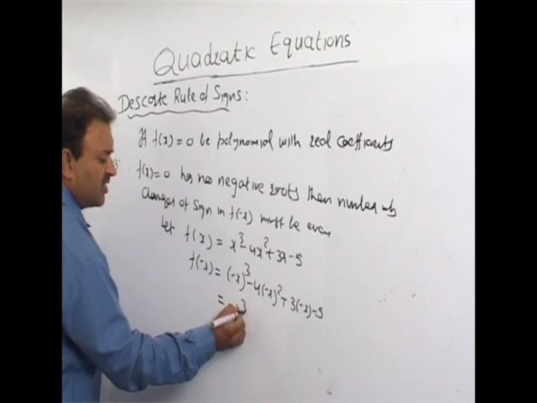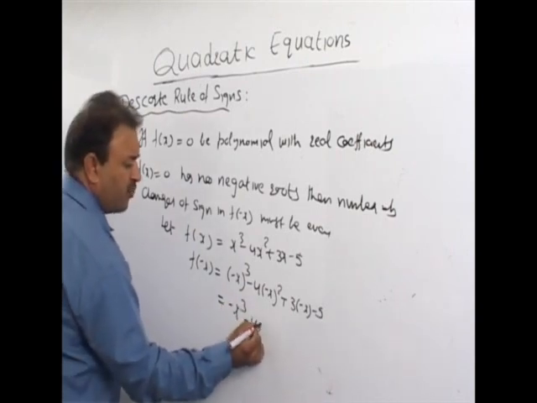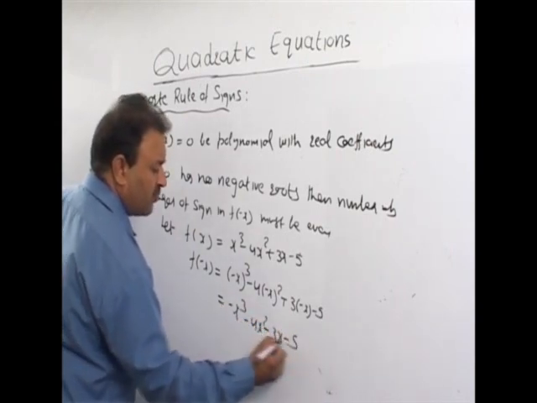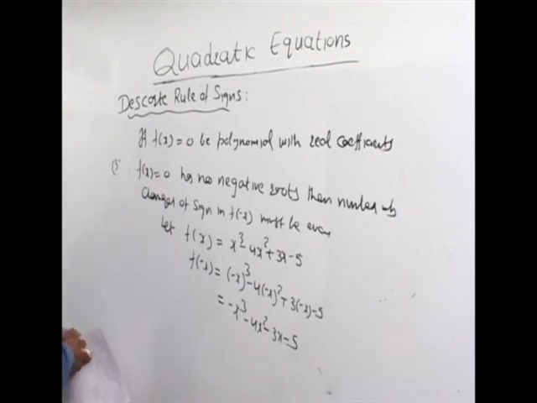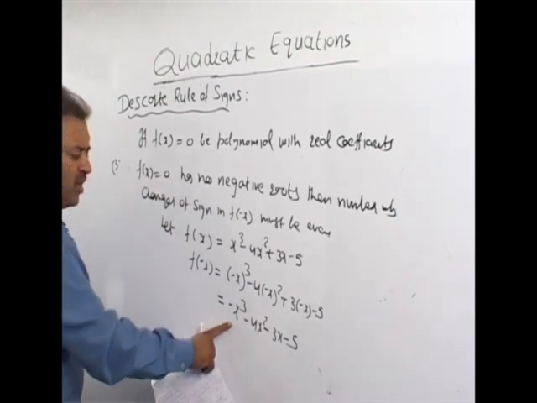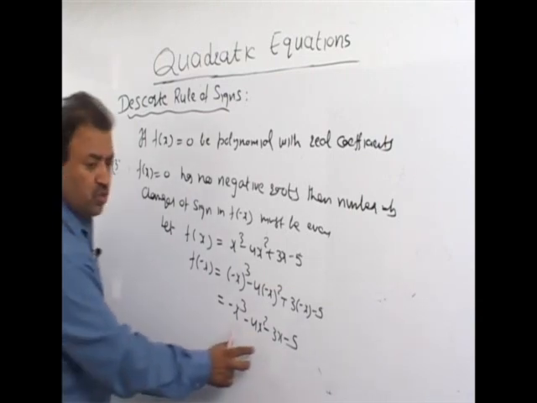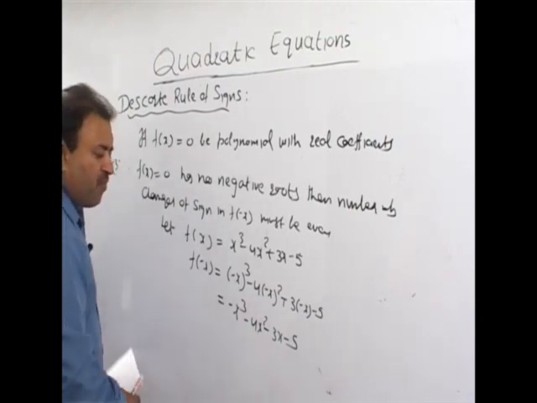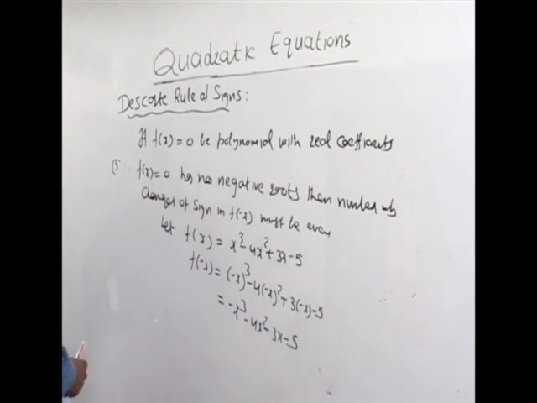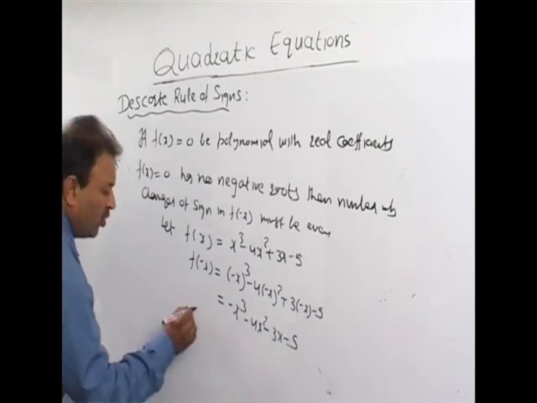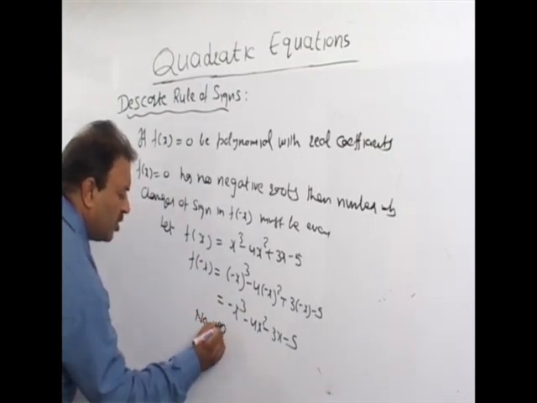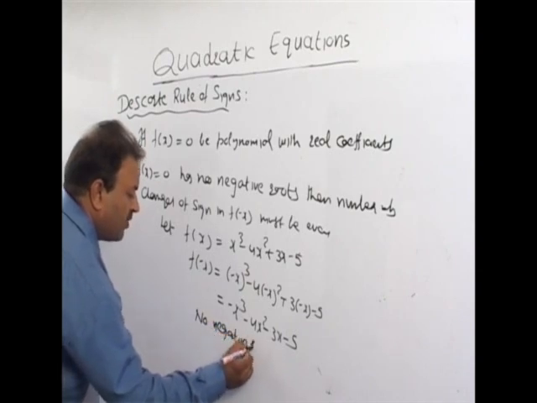It becomes minus x cube minus 4x square minus 3x minus 5. Now again we look over here and we find there is no change of sign in f of minus x. It means there are no negative roots.